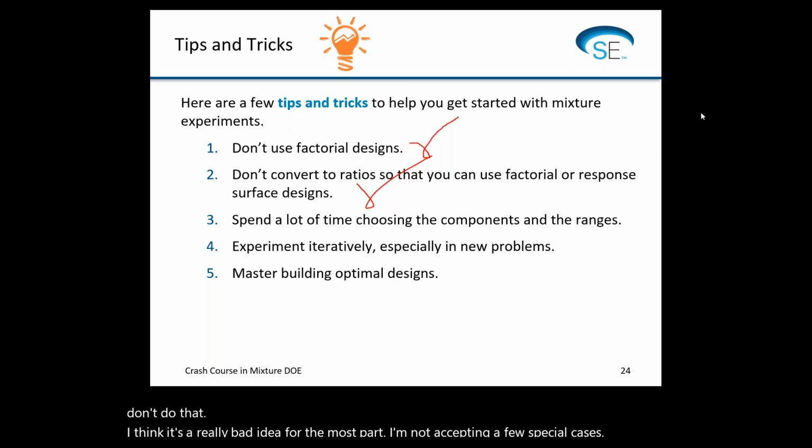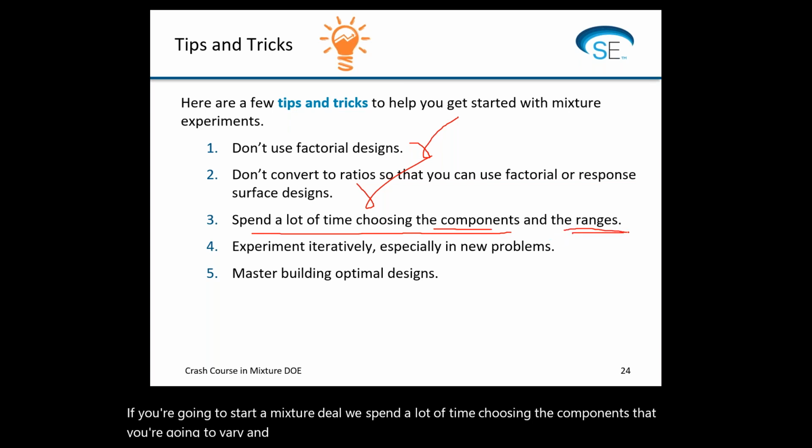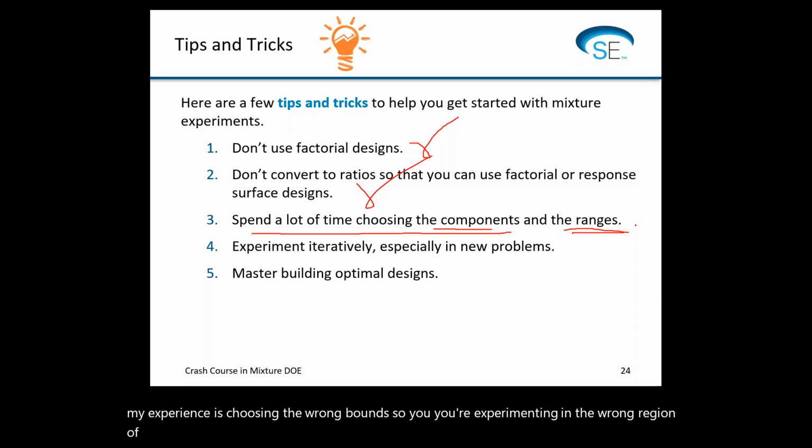If you're going to start a mixture DOE, spend a lot of time choosing the components that you're going to vary and their ranges. By far, the biggest source of failures in mixture DOEs, in my experience, is choosing the wrong bounds. So you're experimenting in the wrong region of the design space.